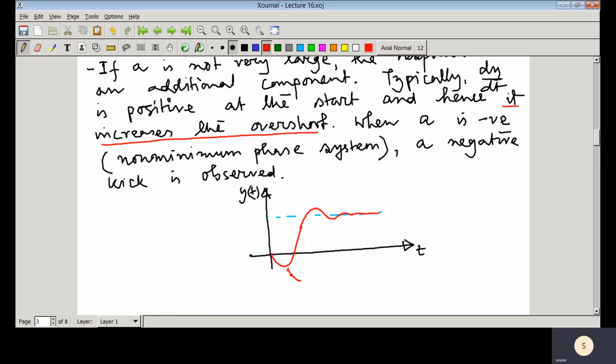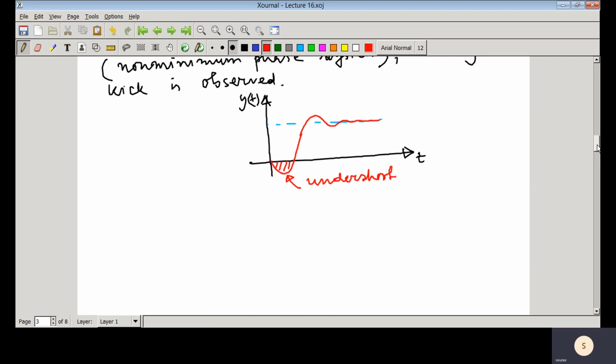Here you can see there is an undershoot. So whenever you observe this type of response, that means there is an undershoot, and that system is a non-minimum phase system with a 0 on the right half of the S-plane.